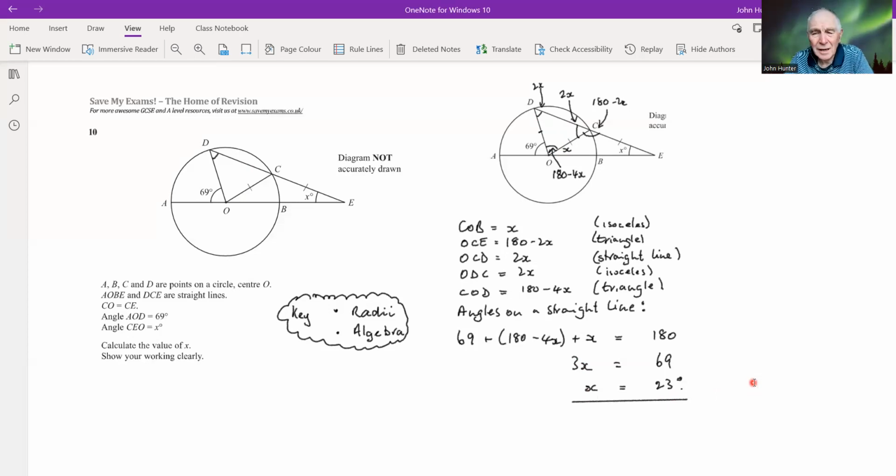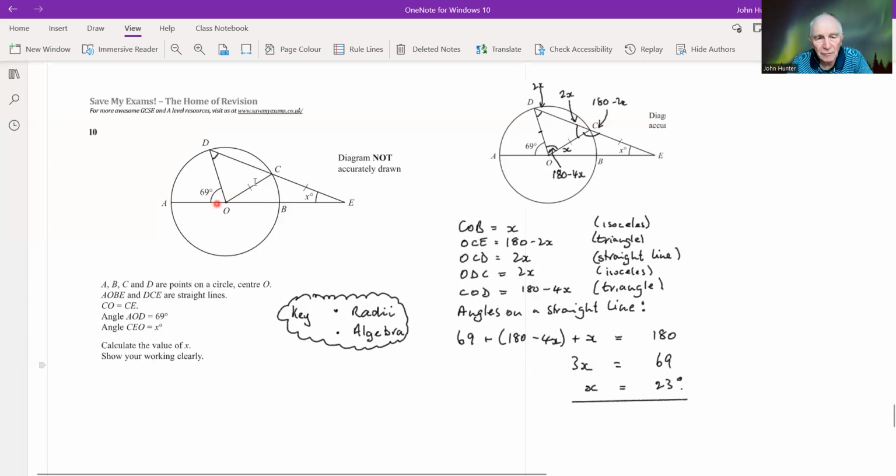Okay, so I think there are just a couple of things to note here. First of all, it's sometimes easy to miss the fact that something's a radius and therefore a triangle is isosceles. It's not too difficult, but it can be missed. The other thing is that we don't expect to be able to calculate this by just filling in a load of values.